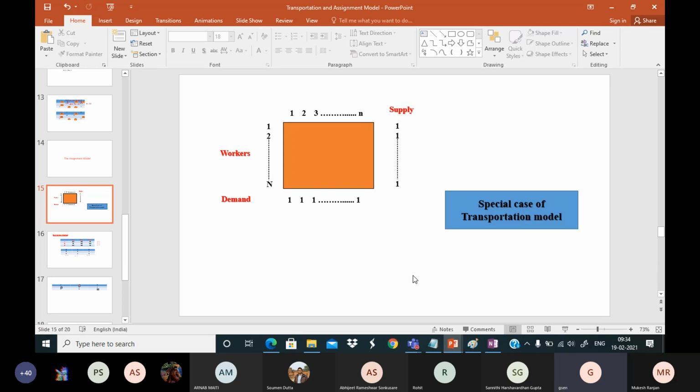If this third constraint were absent, then TSP could have been solved by Hungarian method only, isn't it? Yes, sir. Right or wrong? Yes, sir. Suppose I want you to solve TSP using these concepts of assignment problem and Hungarian algorithm.